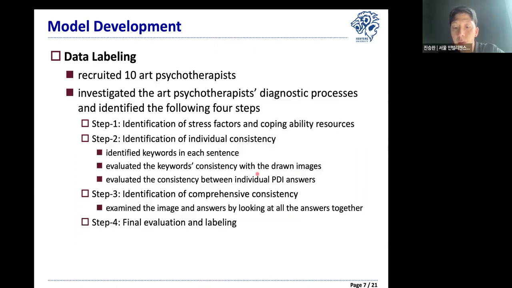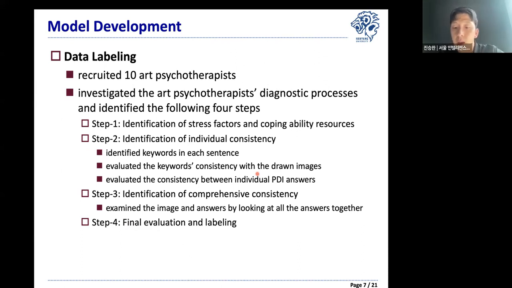For data labeling, we recruited 10 art psychotherapists, and we investigated the therapists' diagnostic processes and identified the following 4 steps. At the first step, the therapist identifies stress factors and coping ability resources in the drawn images.